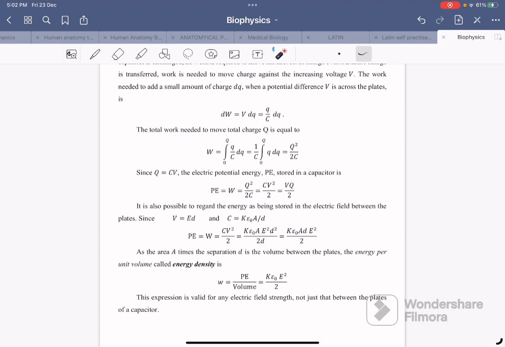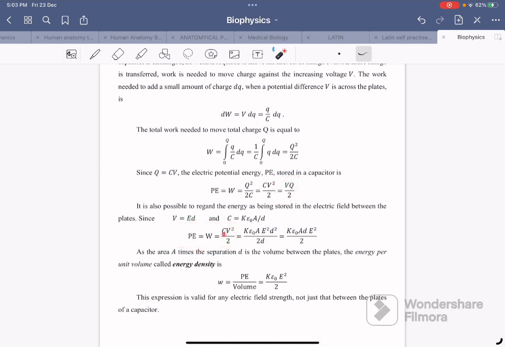We know that CV is equal to charge, so this comes out to be charge times potential divided by 2. Then that is the actual value of potential energy. So we can have the formula of potential energy as this and this.